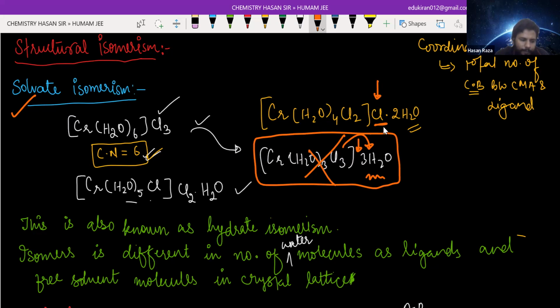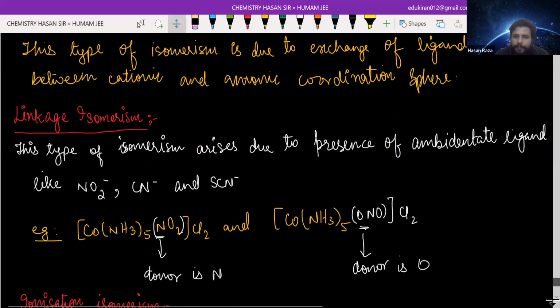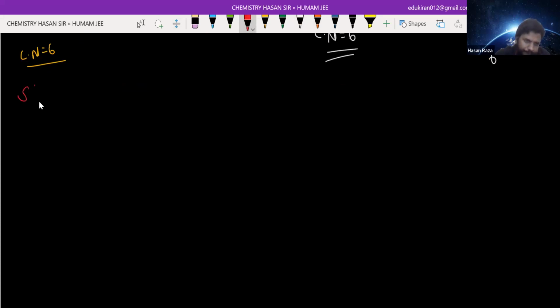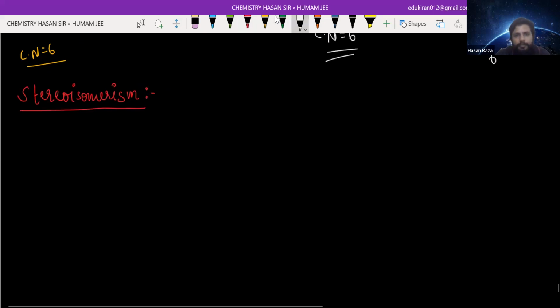Okay. Can we move to the next part? Yes. Okay. Now I'm going to write the next part, stereoisomerism. So what is stereoisomerism? In this, only the spatial arrangement is involved. First, I'm going to define it, write with me.